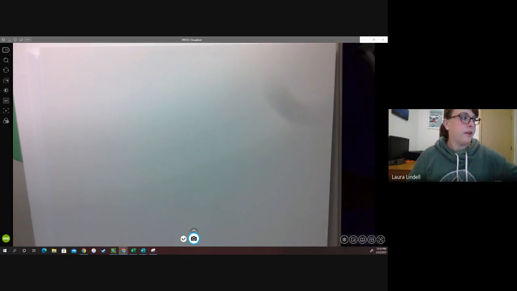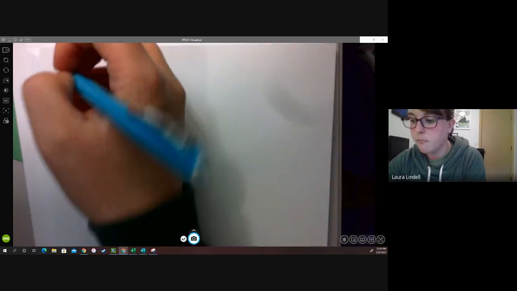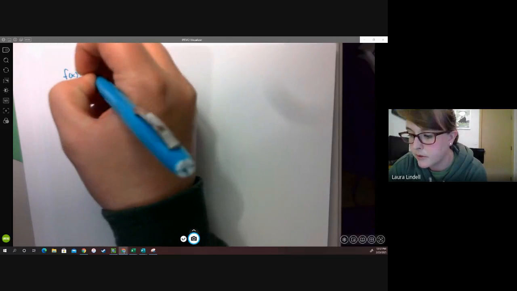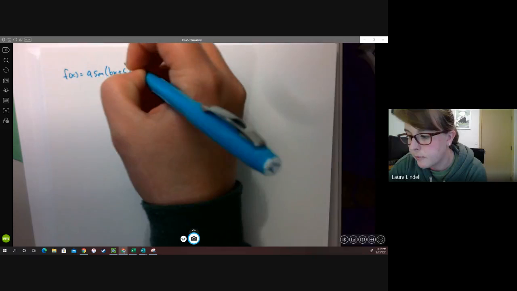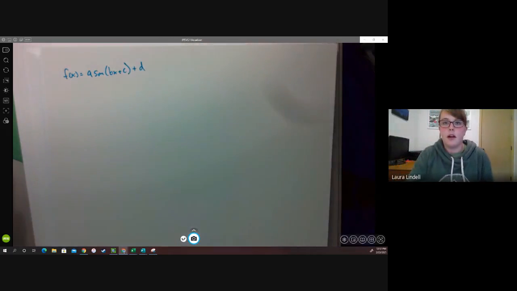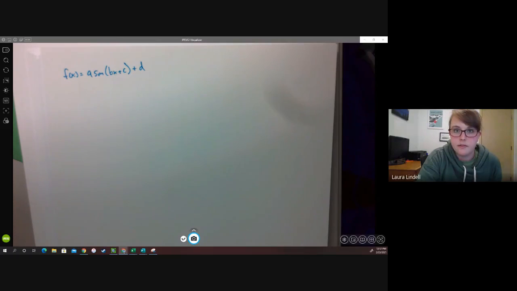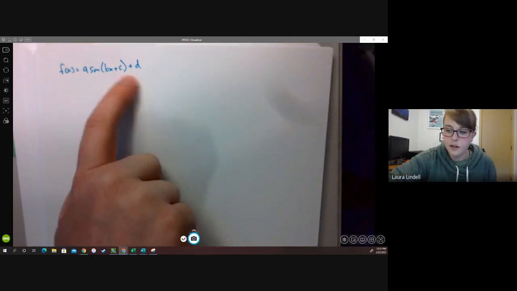That's where we're headed. So we still need to have that whole mindset of f of x equals a sine of bx plus c plus d. And real quick, I'm going to make sure that that's the version that IXL uses as well. Yes, they do. Awesome. Because there are kind of two different versions that you can write this in.